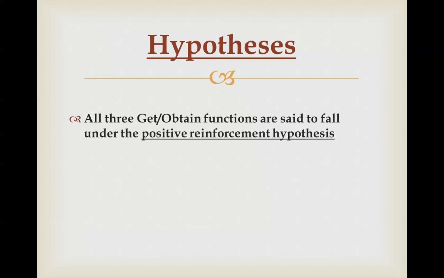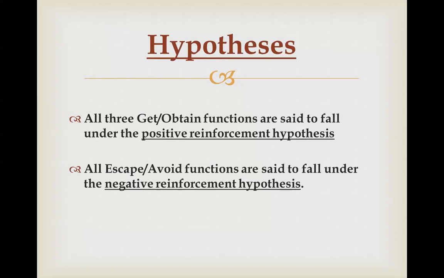Hypotheses: all three get-obtain functions are said to fall under the positive reinforcement hypotheses. All escape-avoid functions are said to fall under the negative reinforcement hypotheses. So again, in my mind, I tried to make three fine discriminations. I have three concepts at the back end of the behavioral pathway. I have consequences, the environmental event that serves to maintain the behavior.